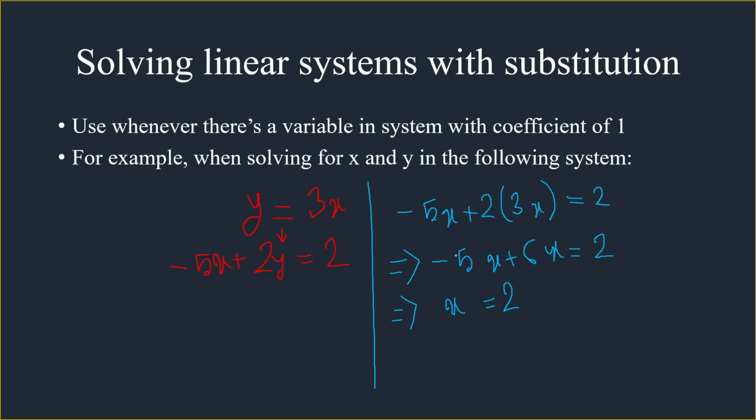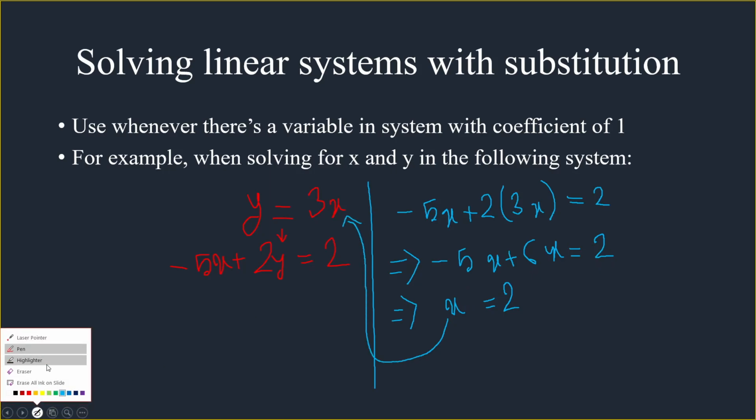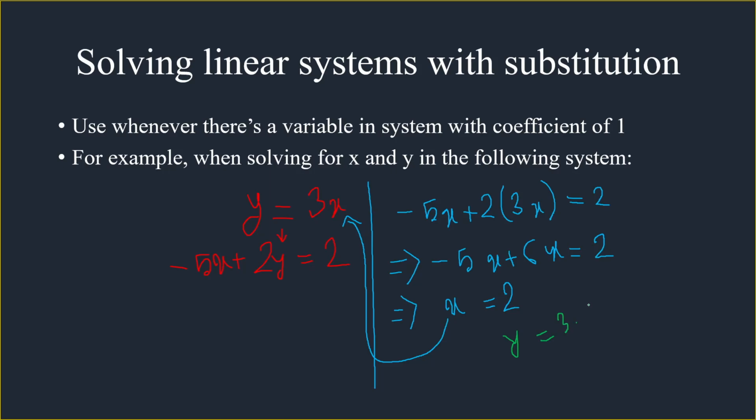So x is equal to 12. Now we can put the value of x in here, and we will get the value of y. So y will be 3 times 2, and that will be 6. So we can say that x comma y will be 2 comma 6. This is how we can solve linear systems with the substitution method.